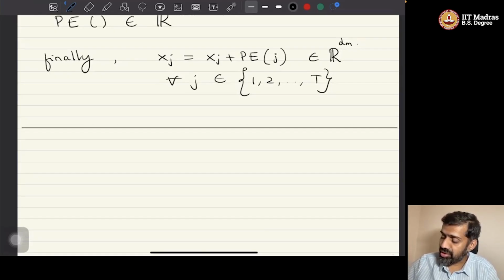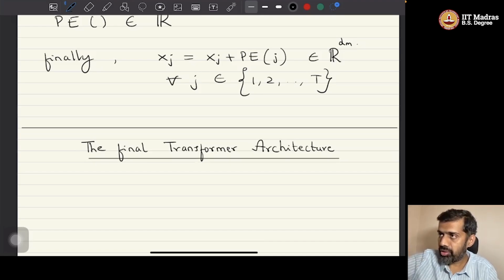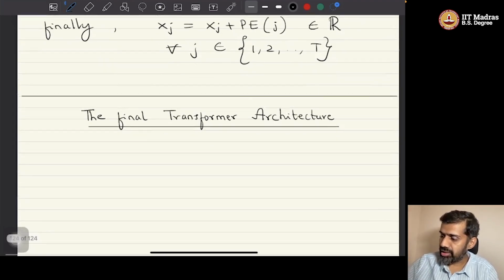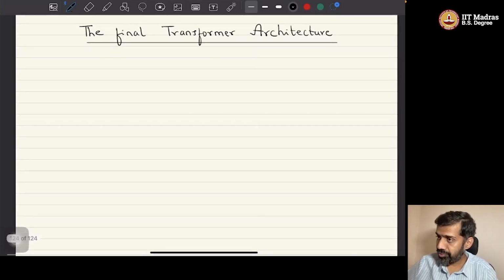Now if I put all of these together and write it as an architecture, the final transformer architecture would look something like this. We'll start with input embeddings.